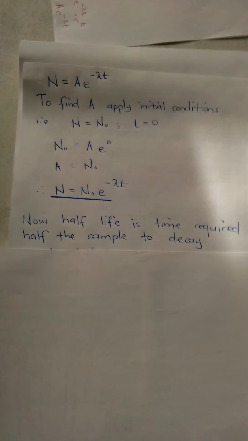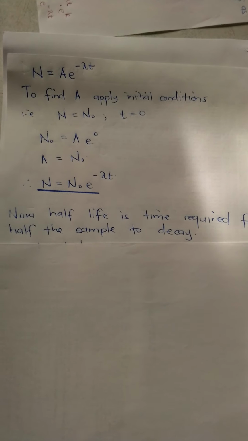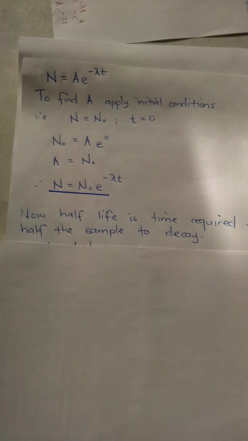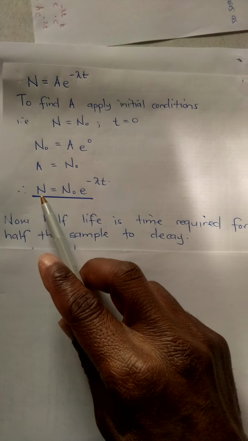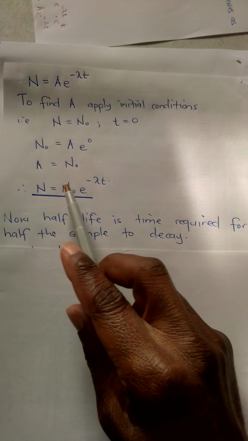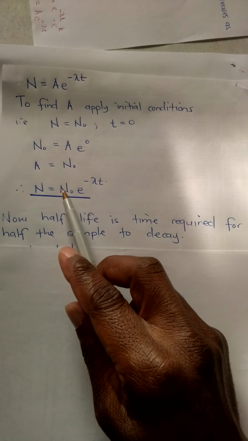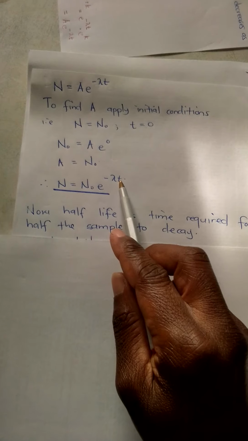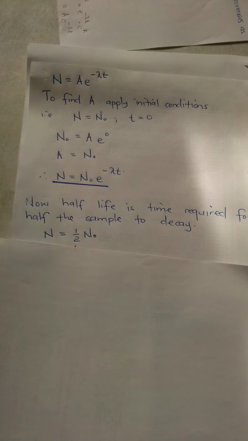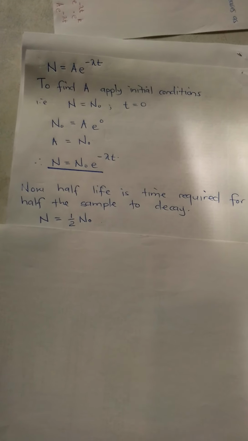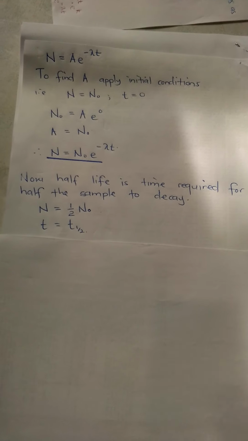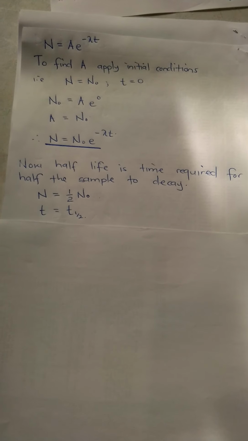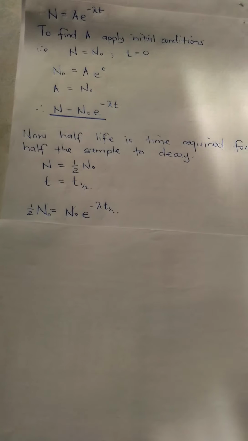So we are going to take N to be half of N naught to achieve half-life, and t we're going to write as t half. So N is half N naught and t is t half.